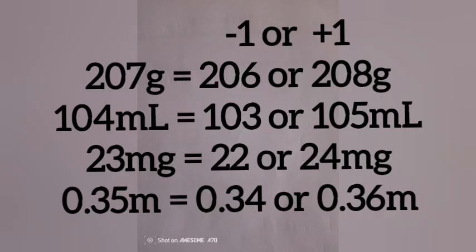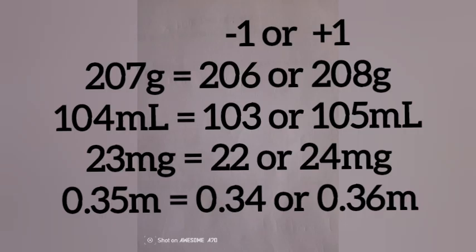For instance, you are given an object and you use a weighing balance to take the measurements, and the measurement happens to be 207 grams. Now, by this principle of uncertainty in measurement, we have said the last digit is always uncertain. That measurement could be 206 grams or 208 grams.